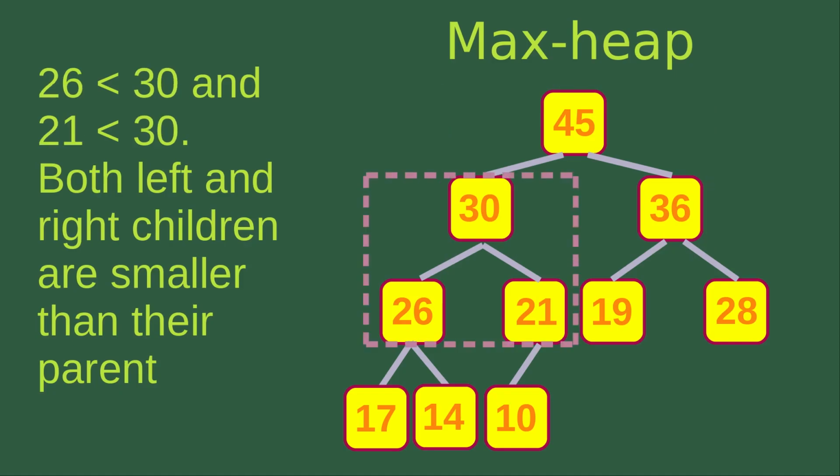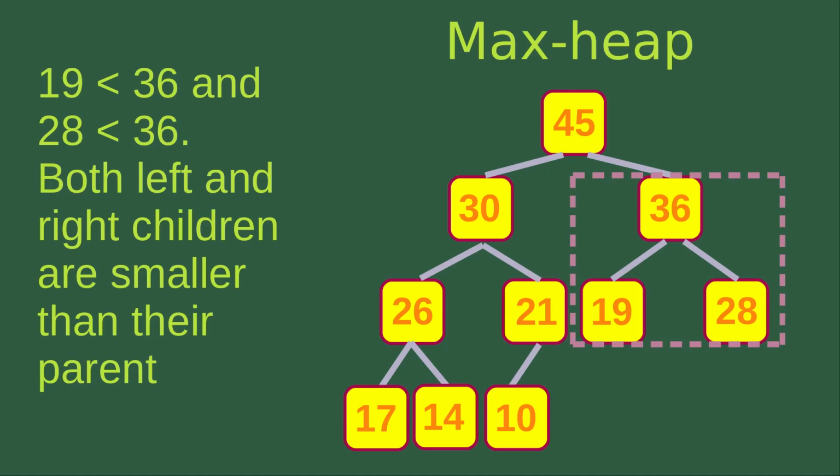Then we check another subtree using the top to bottom and left to right order. We see that 26 is smaller than 30, and at the same time 21 is smaller than 30. So both the left and right children are smaller than their parent, and the max heap structure is maintained in this subtree.